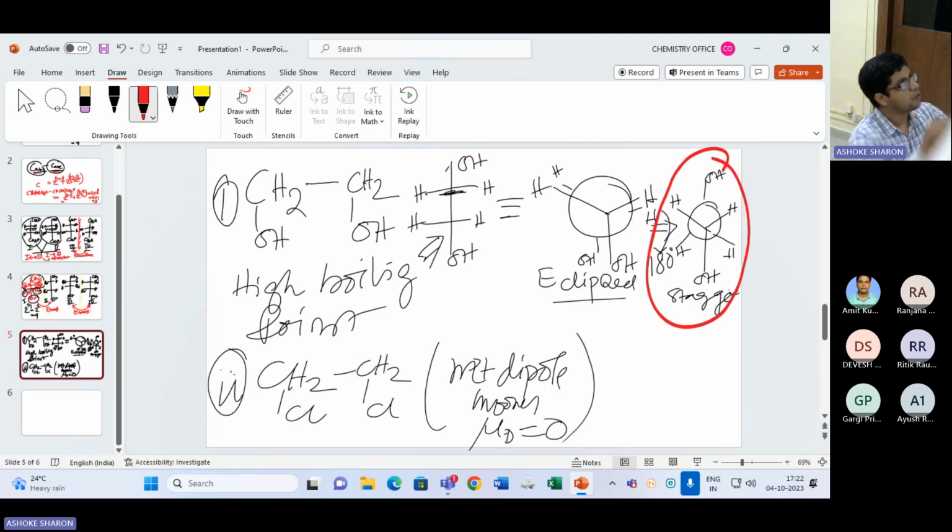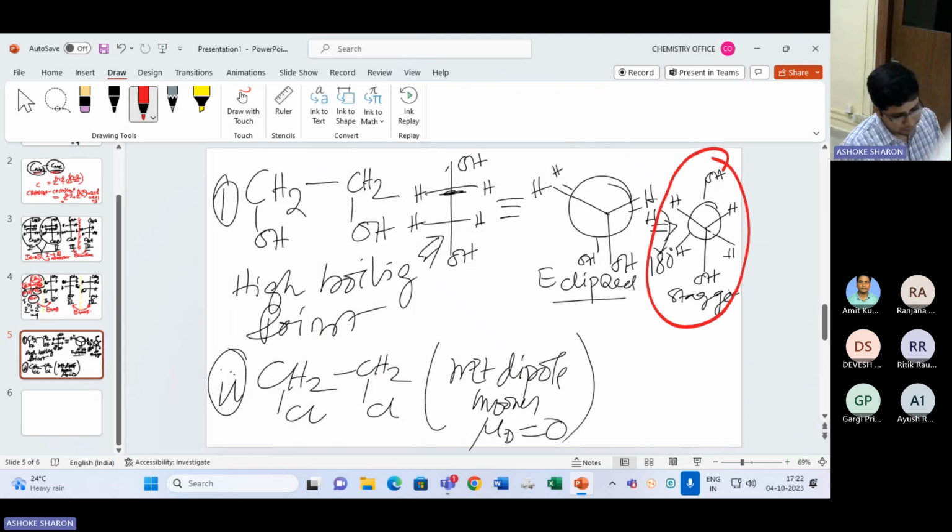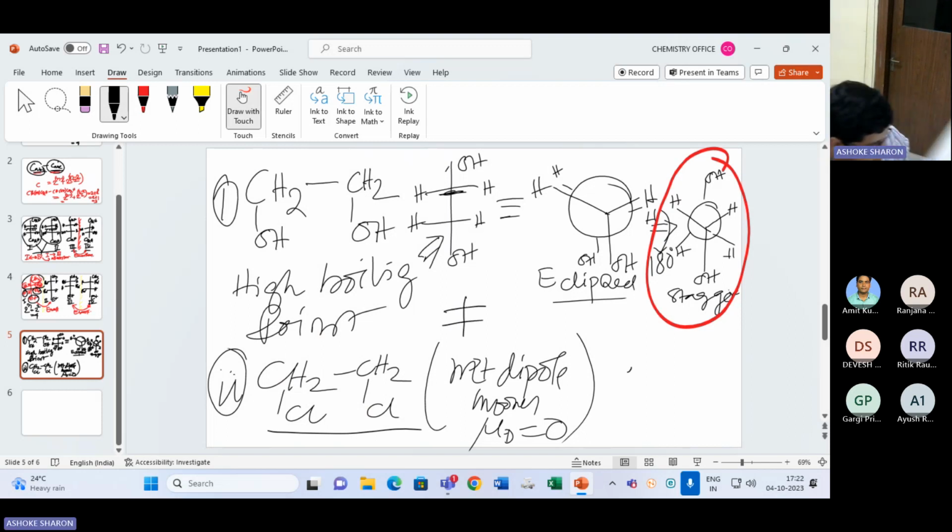But if you consider this molecule, what will happen in the case of CH2Cl, CH2Cl? Again you have to draw the Fischer projection formula. Then we can draw chloride, chloride, hydrogen, hydrogen, hydrogen, and sorry, I have written wrong.